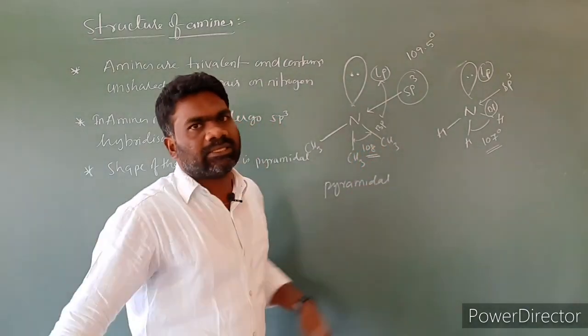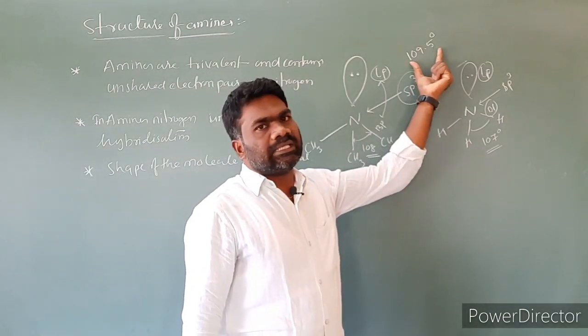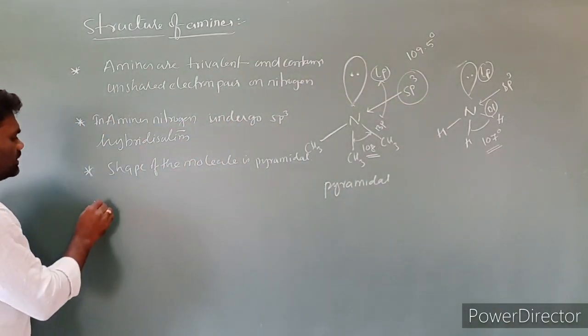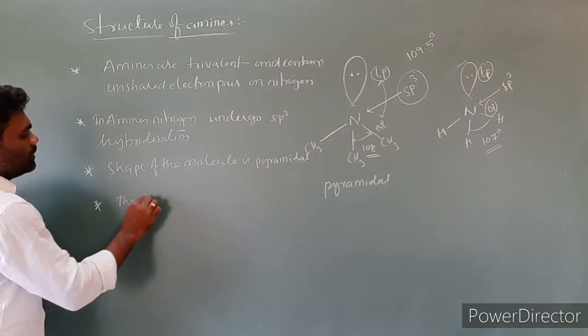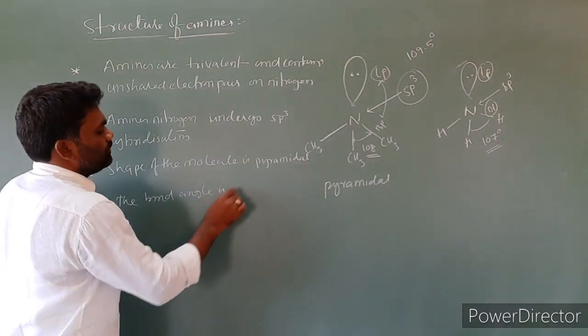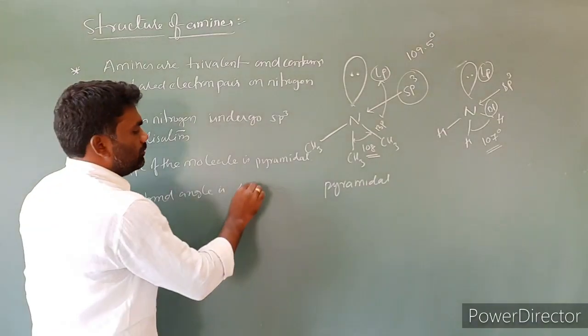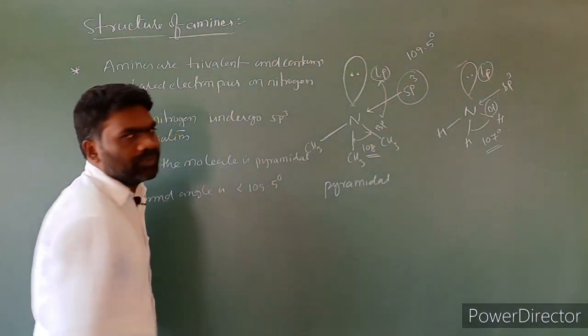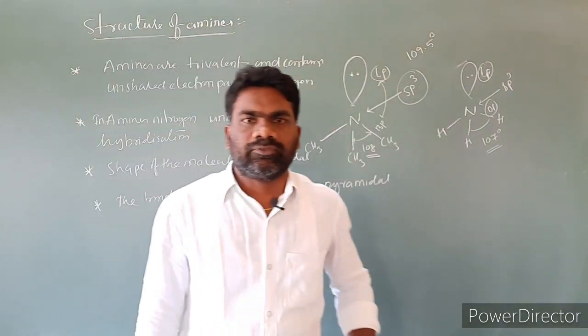But for other amines, we take the bond angle as less than 109.5 degrees. So this is the structure of amines.